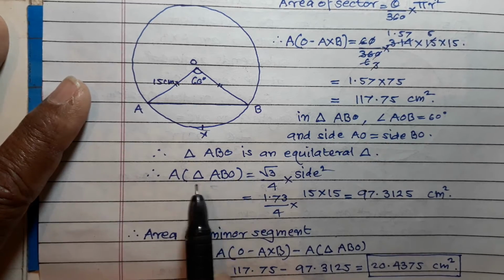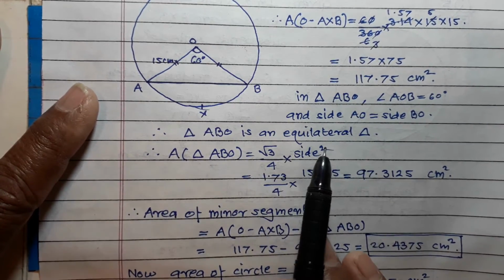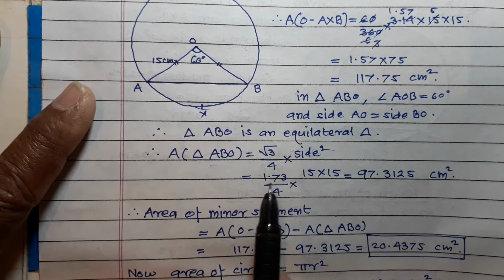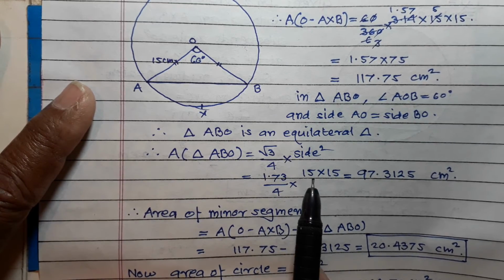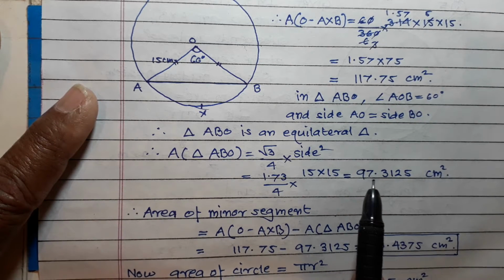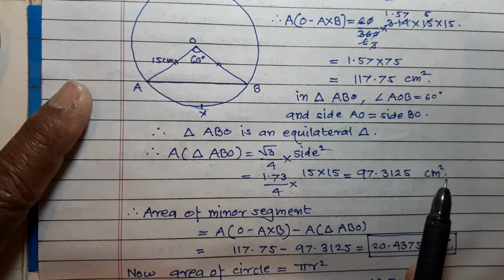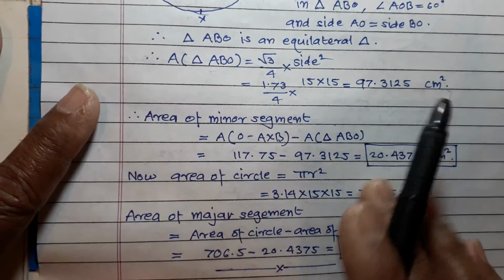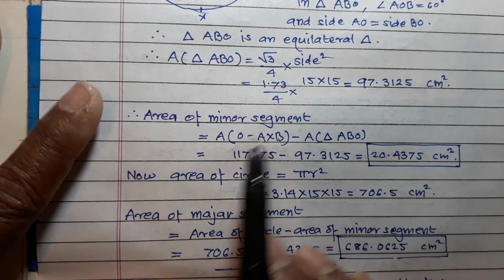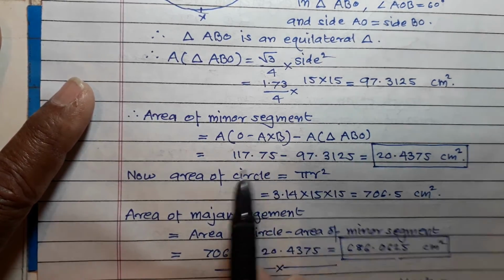Therefore area of this triangle is equal to root 3 upon 4 into side square, so 1.73 upon 4 into 15 into 15. If you simplify this, you will get 97.3125 cm square.